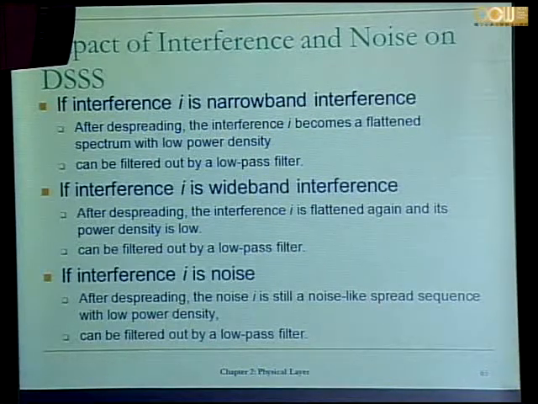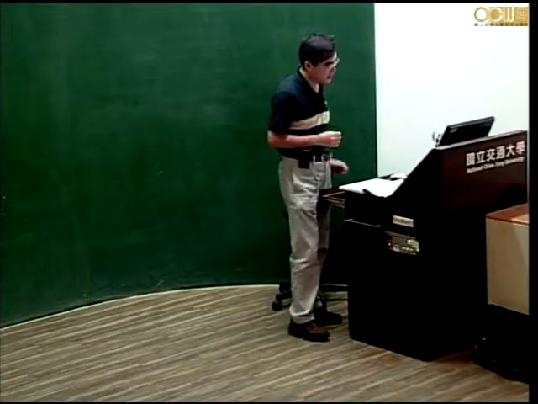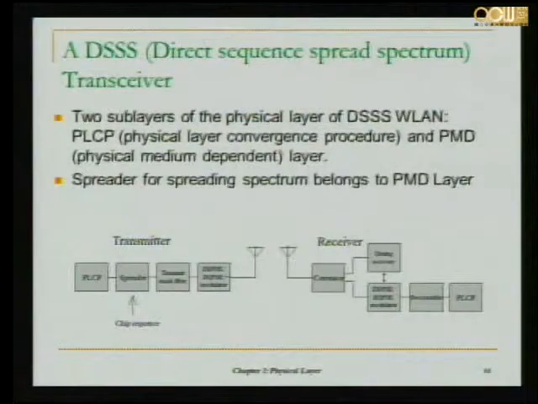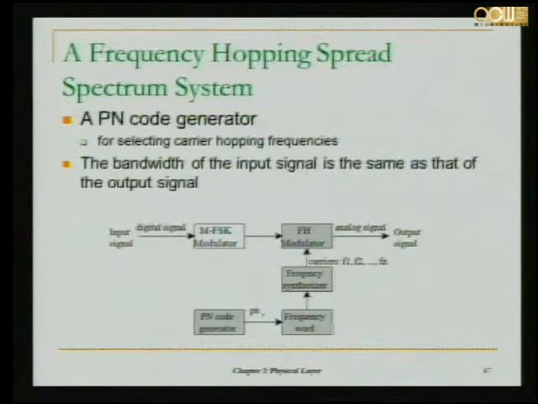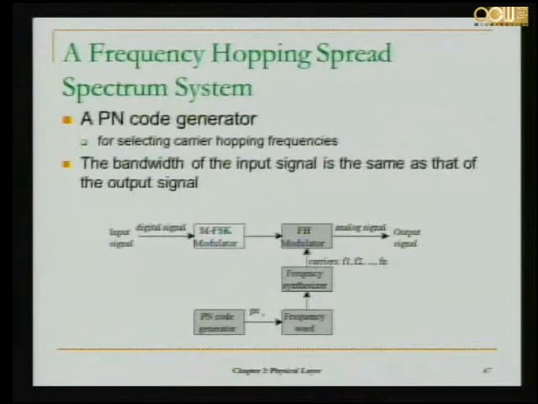So it would have little impact on the data signal. And wideband, the same. Wideband interference and noise, also similar. So they can be filtered out. The noise or the interference will be flattened and filtered out easily, and they would have little impact on the data signal. And that's direct sequence spread spectrum.